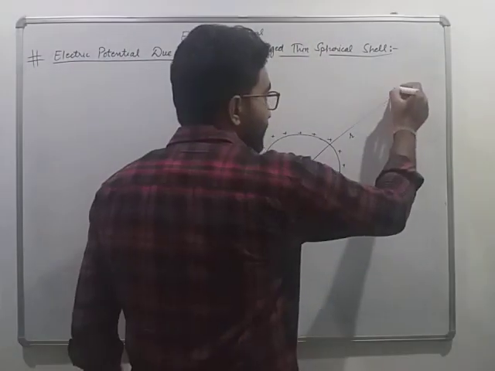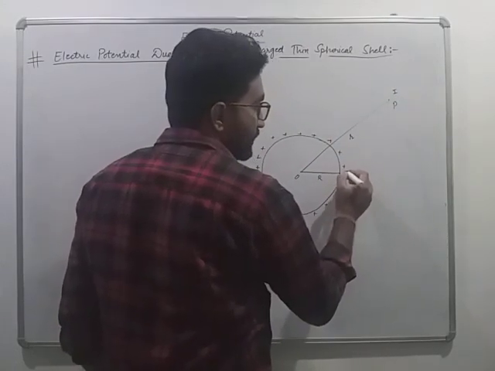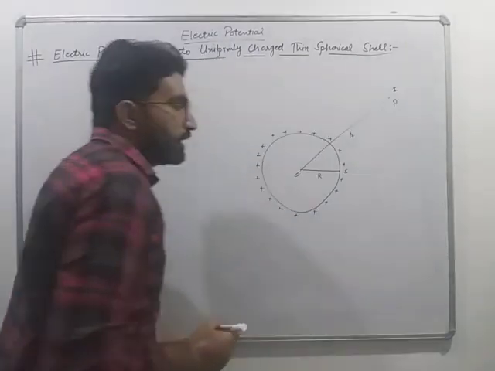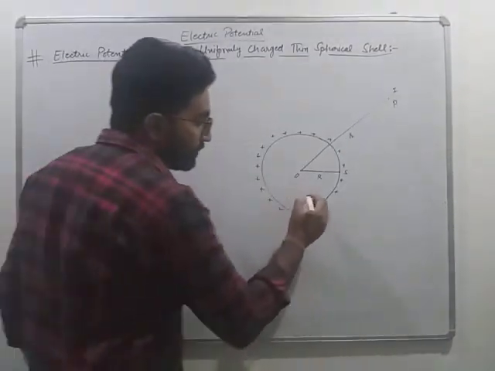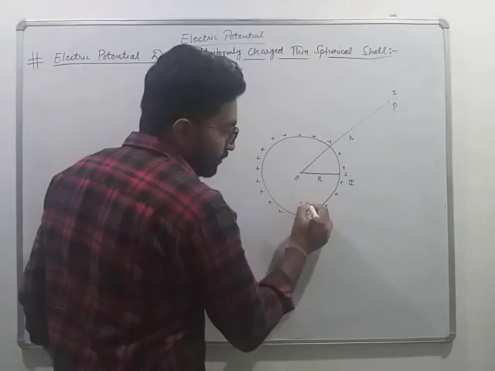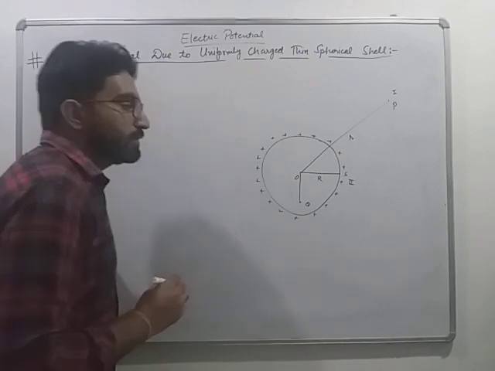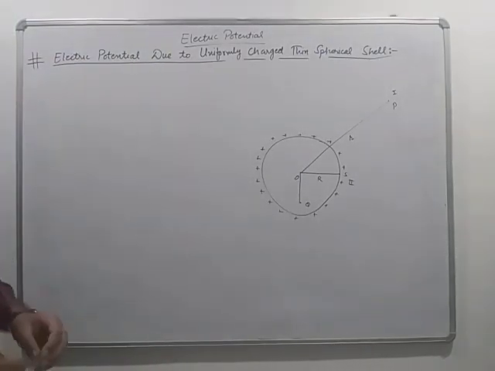The second point is at the surface, suppose this is point S, and the third one is at any point Q, which is inside the thin spherical shell.